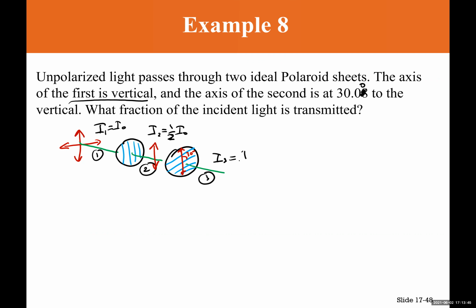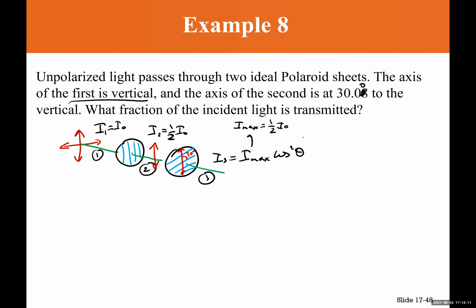This will be I max times cosine squared theta. What I have here is I max, which is basically the intensity in region 2, which is 1/2 I naught.